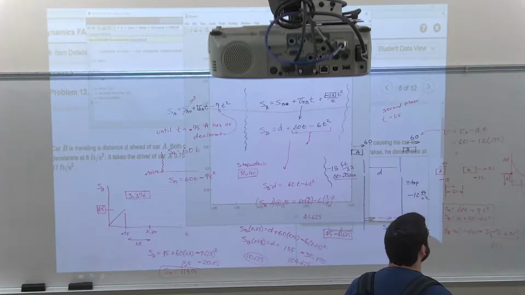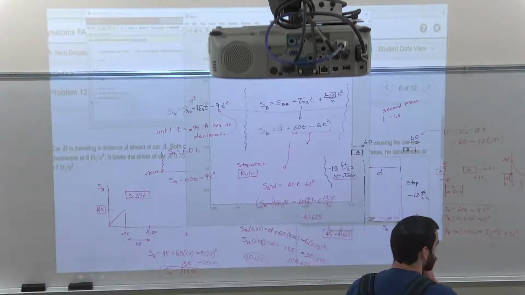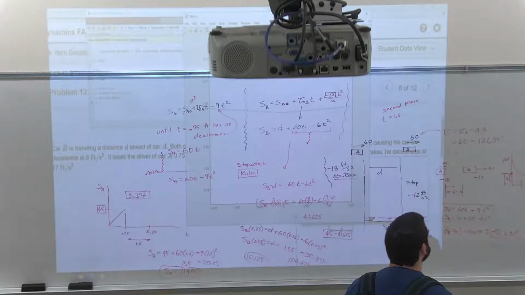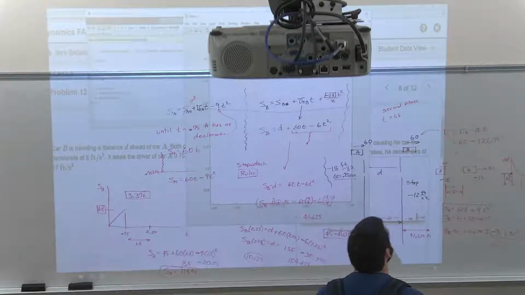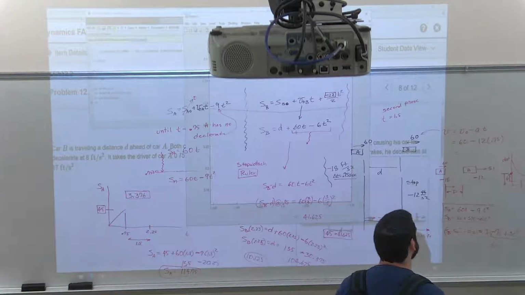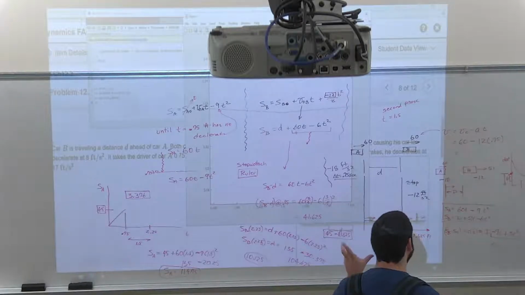And then I got a new equation for the deceleration, and that's where I included the 1.5. So you just add those together and then take that difference, and that'll be how far apart they need to be. Does that make sense?